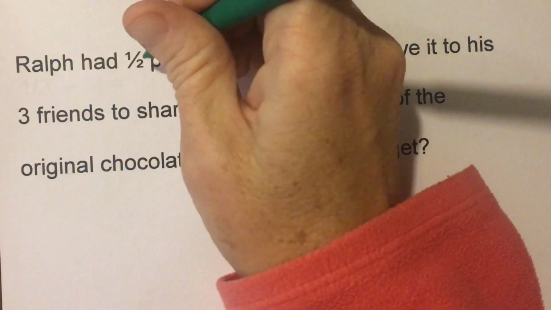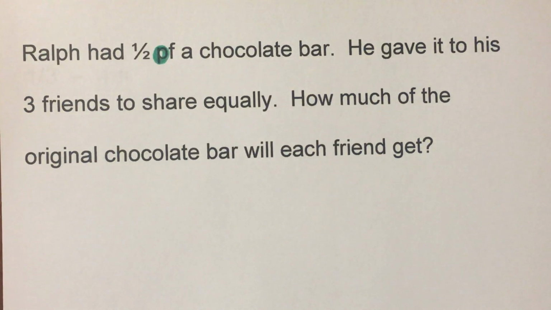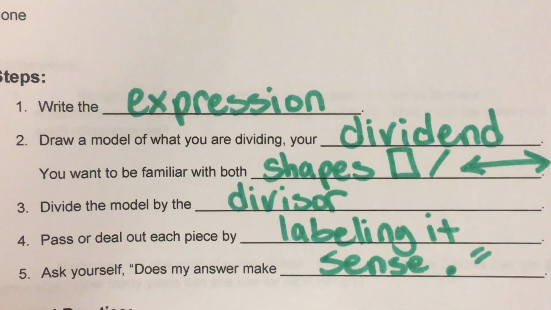Okay, so my first question says, Ralph had 1/2 of a chocolate bar. He gave it to his 3 friends to share equally. How much of the original chocolate bar will each friend get? Okay, so my first step says that I need to write the expression or the problem.